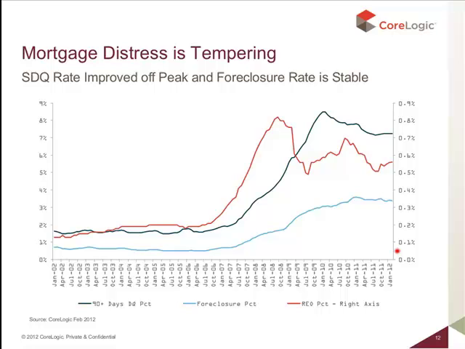On the right-hand side axis, we're measuring the REO percentage. Sorry, let's go to the foreclosure percentage first, measured on the left-hand side axis. Historically, through house price run-ups, a fraction of 1% of mortgaged households were in foreclosure. That makes sense because everybody should have had equity, or most everyone had equity.